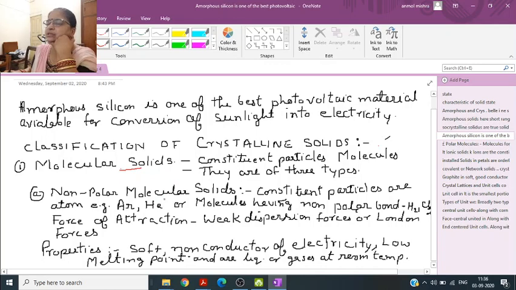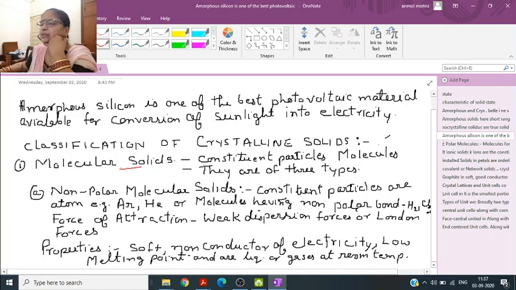Number one is non-polar molecular solids. Constituent particles are atoms, for example argon, helium, or molecules having non-polar bonds between them like hydrogen, chlorine, iodine. The forces of attraction among them are weak dispersion forces or London forces.